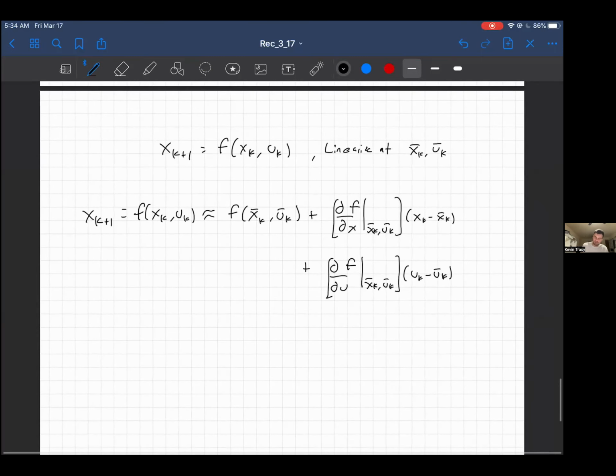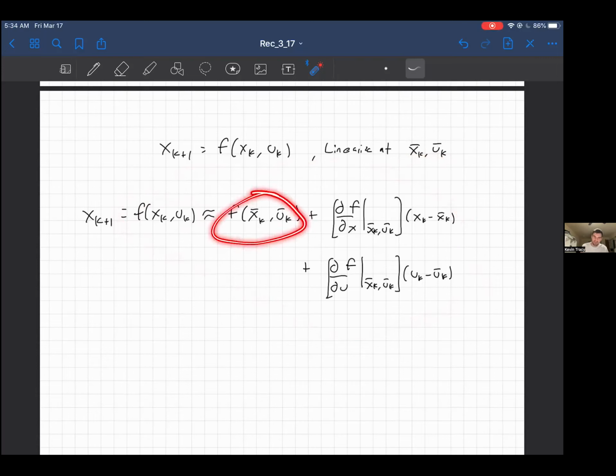Here I'm saying that I have this discrete time dynamics function, and I make no assumptions about its linearity. What I'm saying is that I want to linearize this thing by taking the first order Taylor series. So I take my f of xk, uk, and I linearize about an x bar, u bar. This is just a first order Taylor series for a function with two variables.